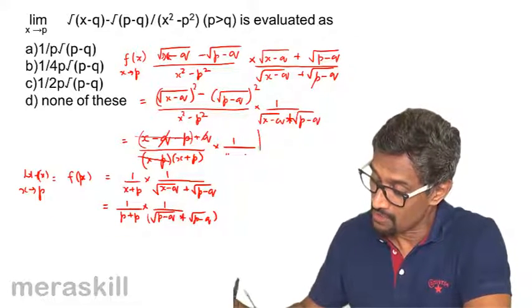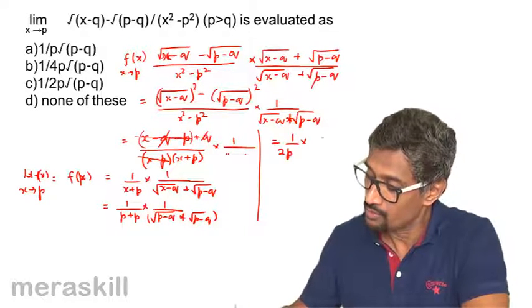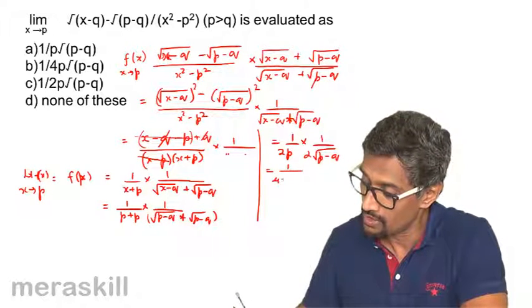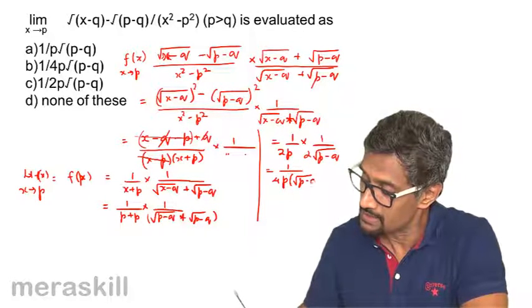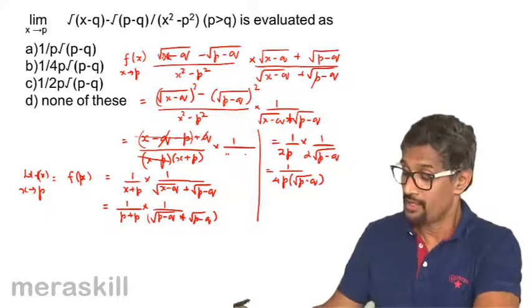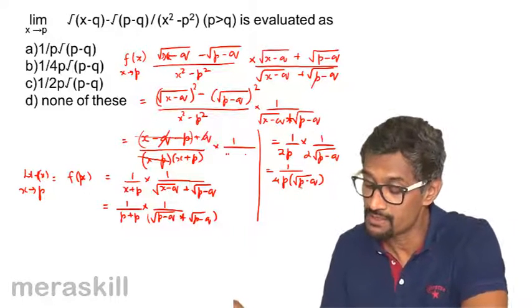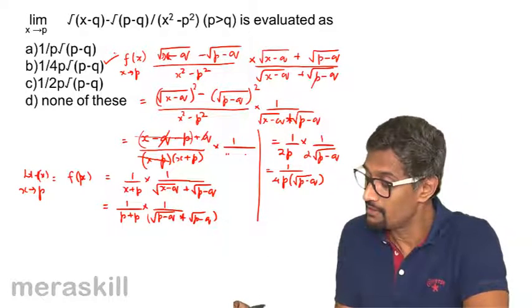So this will now become 1 upon 2p into 1 upon 2 times root p minus q. So ultimately it is 1 upon 4p root p minus q, which is this particular value.